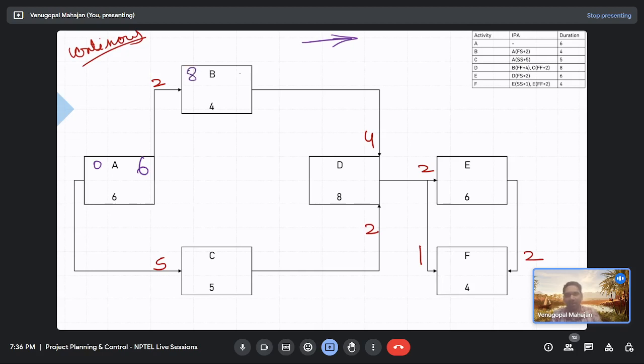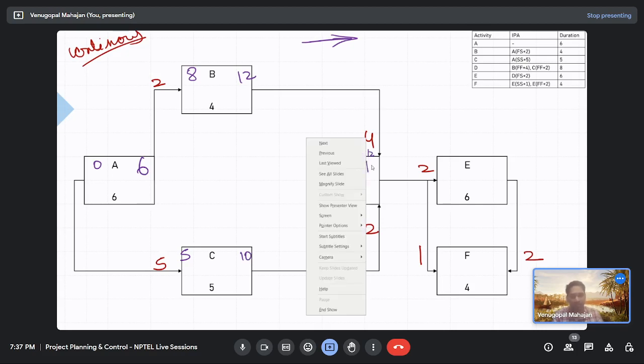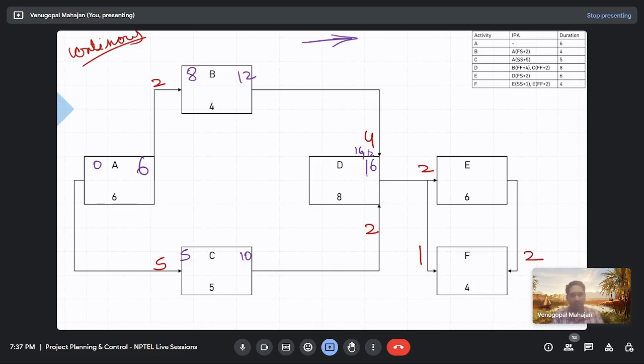No other value coming in. 8 plus 4, 12. What about this now? 0 plus 5, 5. 5 plus 5, 10. So this could be 12 plus 4, 16, or 10 plus 2, 12. So it would be 16. 16 minus 8, 8. Or it would be 0 and 8. What value would we pick? We would pick 16 here.